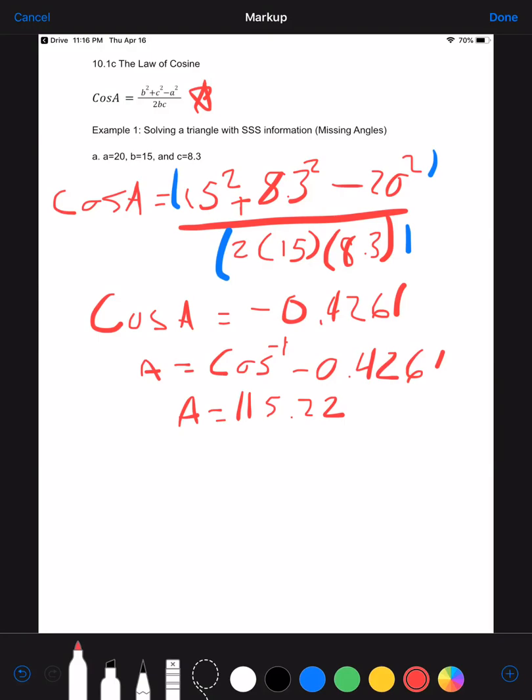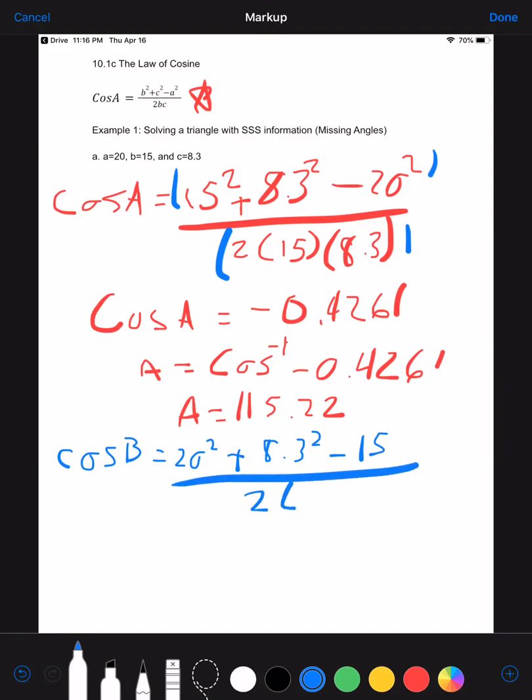Now we're going to do the same process to solve for B. Okay, so cosine B is equal to, but since we're looking for B this time, we're not going to start with B. We're going to start with A. So 20 squared plus, and then we're going to do C, so 8.3 squared, minus our B, so 15 squared, all over 2 times our A, times our C, and then again, whenever you plug this in your calculator, remember them dang parentheses, okay?